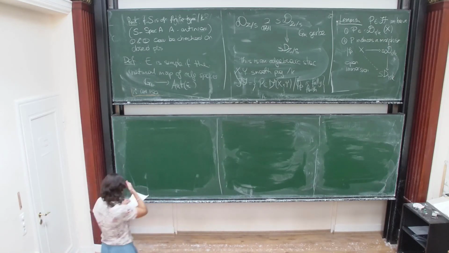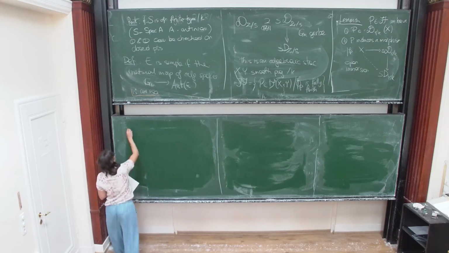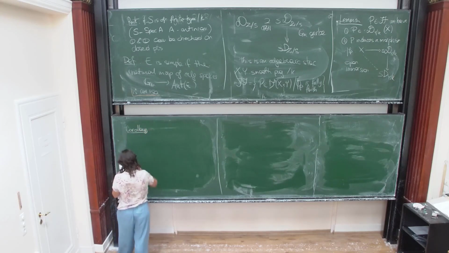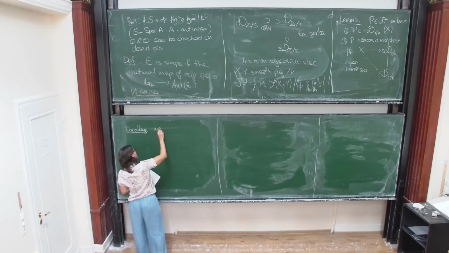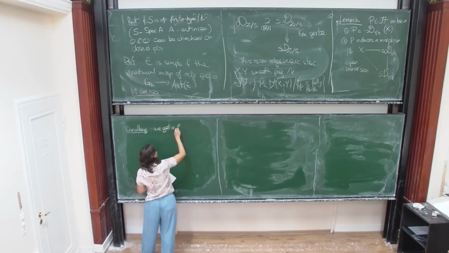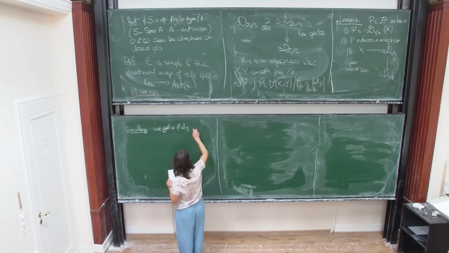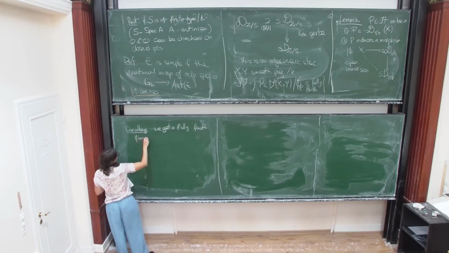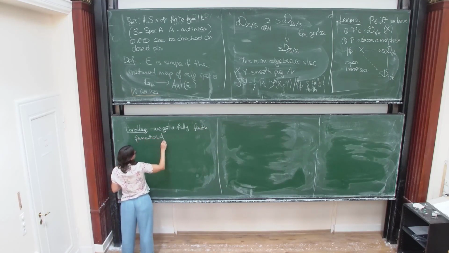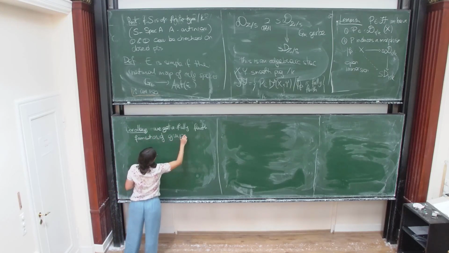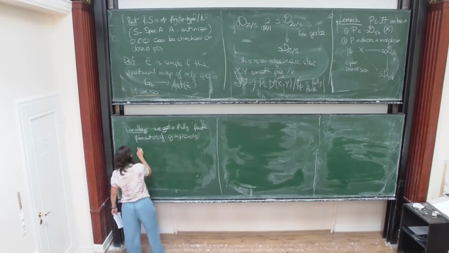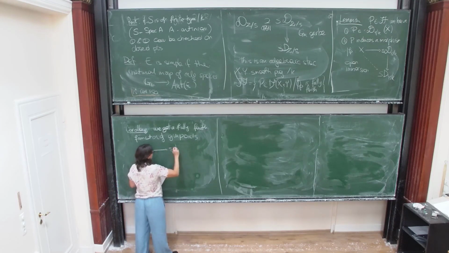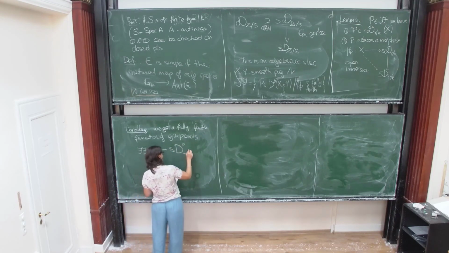Okay, so as a corollary, we get a fully faithful functor of groupoids between F and something that I denote like that.